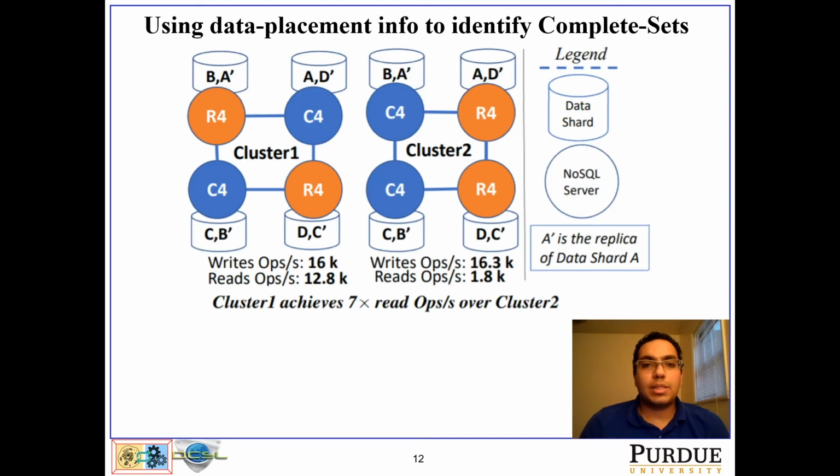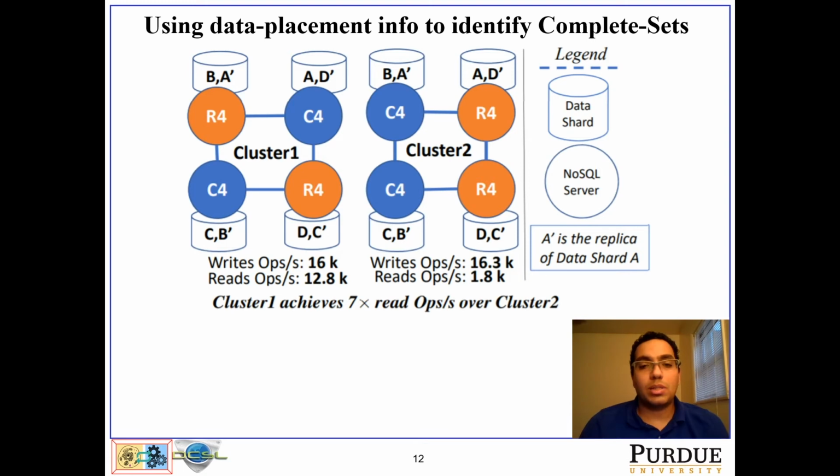Now, this is an example of how Optimus Cloud identifies complete sets in the cluster using the data placement information for every node. The first cluster on the left-hand side, cluster 1, has a complete set configured to R4. R4 is memory optimized and therefore achieves 7x better reads per second compared to cluster 2.